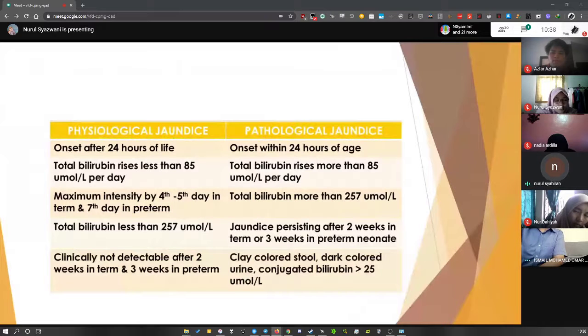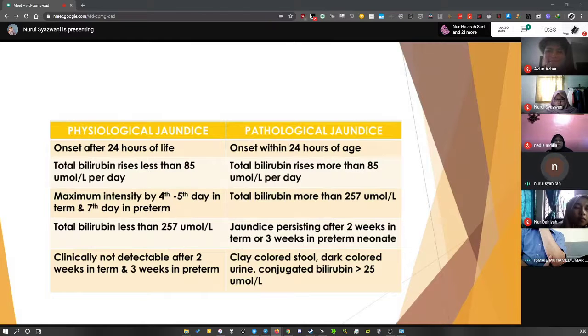This is the difference between physiological and pathological jaundice. For physiological, onset is after 24 hours of life, and for pathological, within 24 hours. Total bilirubin rises less than 85 micromole per liter in physiological, and more than 85 in pathological. Maximum intensity is day 4 to 5 in term and day 7 in preterm.